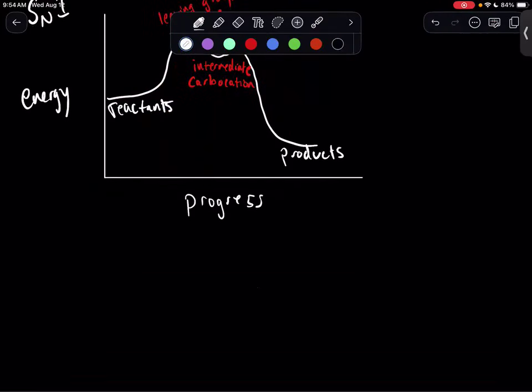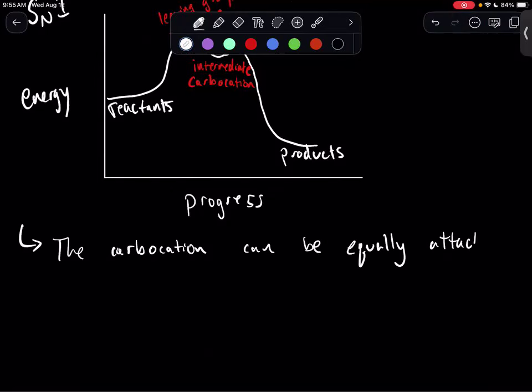So I said I'm going to come back to isomerism, and because of that kind of attack from either side, the carbocation can be equally attacked from front or back.